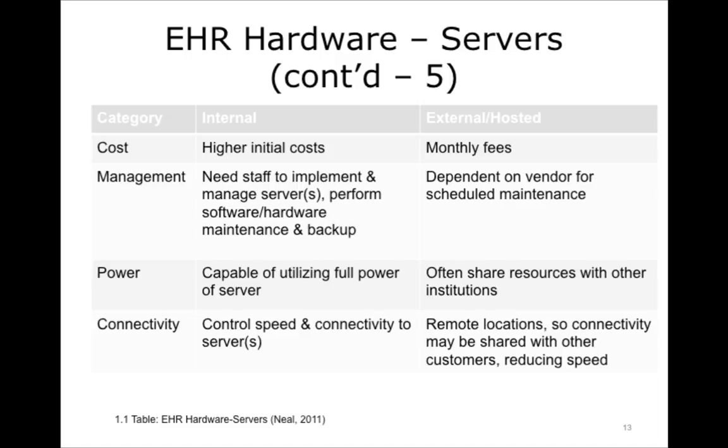External or hosted servers means the customer is dependent on the vendor for scheduled maintenance. Power. With internal servers, your organization is capable of utilizing the full power of the server, whereas with external or hosted solutions, customers often share resources.